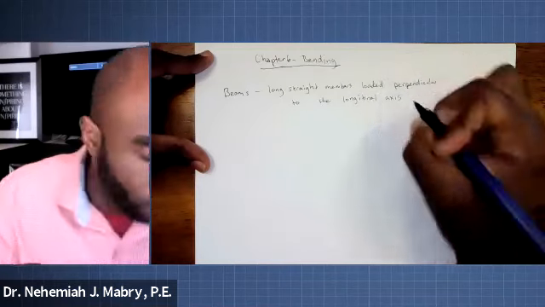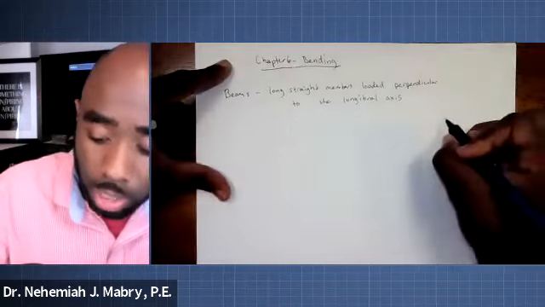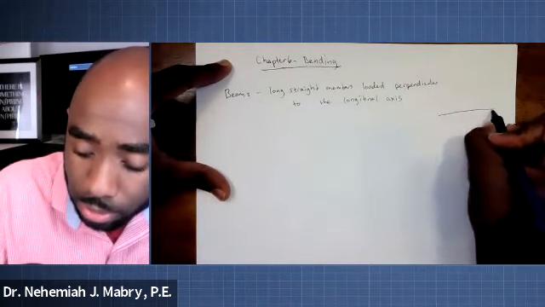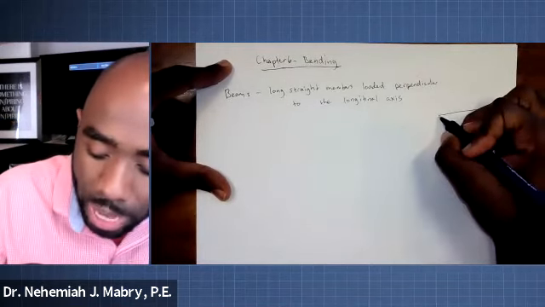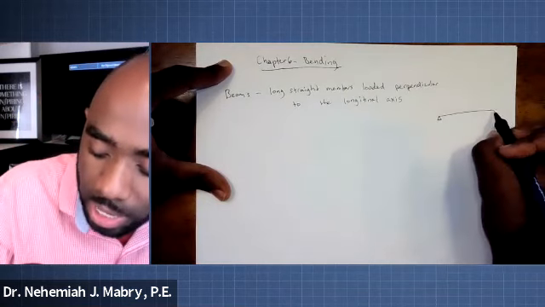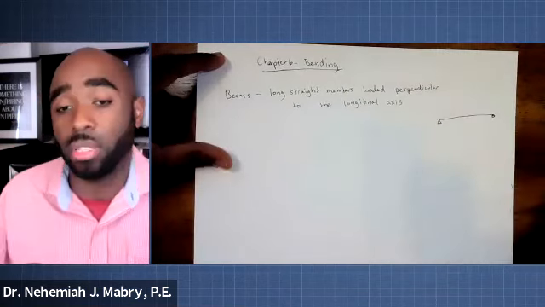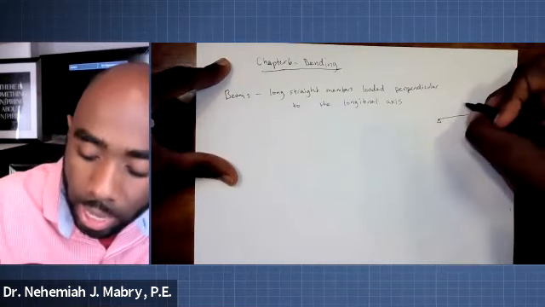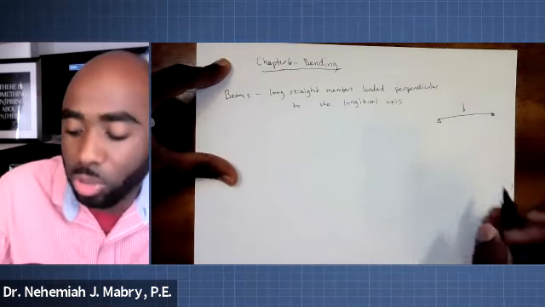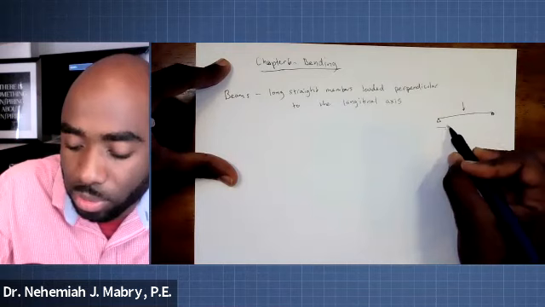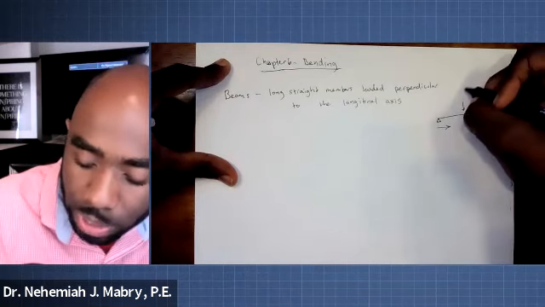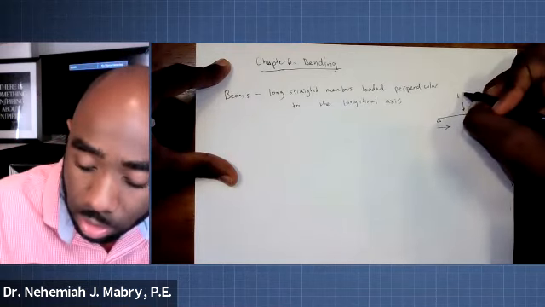All right, that's how we're going to define beams. So think about a long straight member here. When we have a pin support on one side and a roller support on the other side, that's called simply supported. And keeping in mind that perpendicular to its longitudinal axis, which is in this direction, it's going to be experiencing some loads.